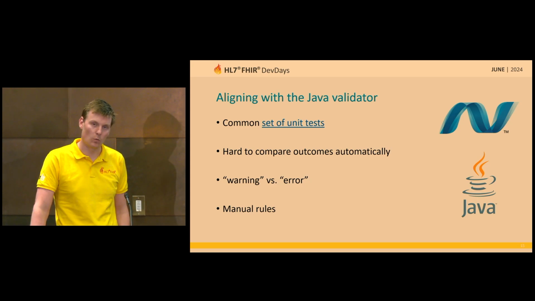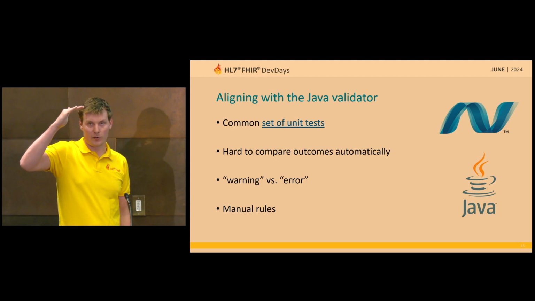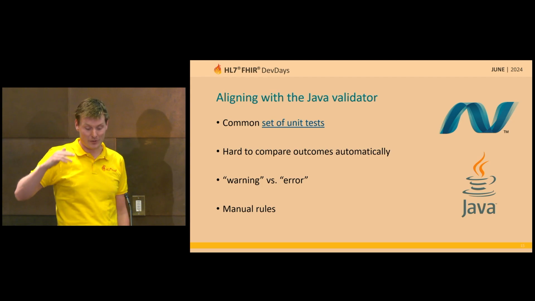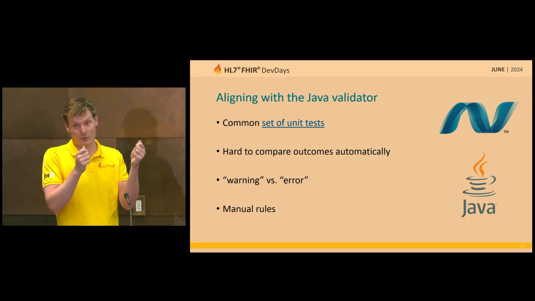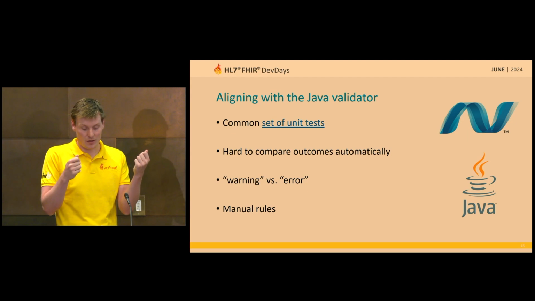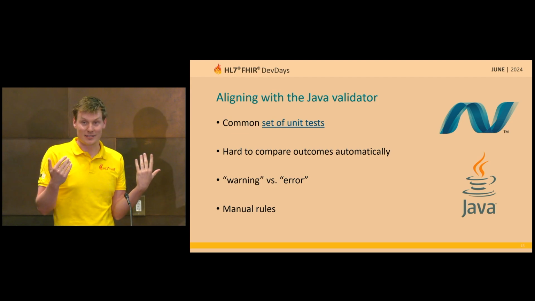So it's hard to know where exactly we don't align, because there are so many unit tests that we're going through them one by one. It's really manual labor to see, and then discuss with the Java people: okay, we see this different outcome here. Are we correct? Are you correct? Is this actually supposed to return a warning, or is it actually wrong?